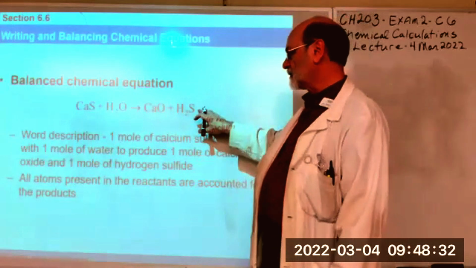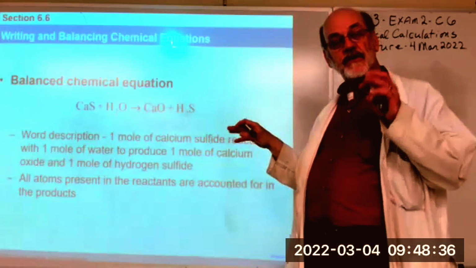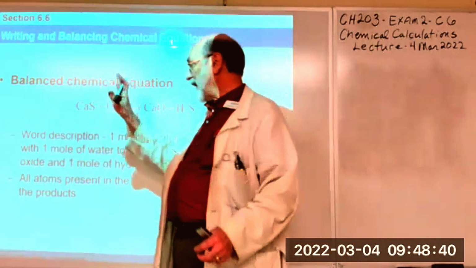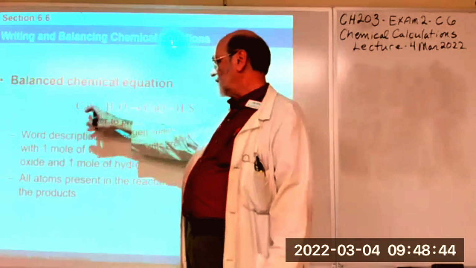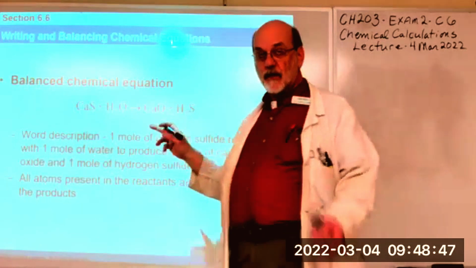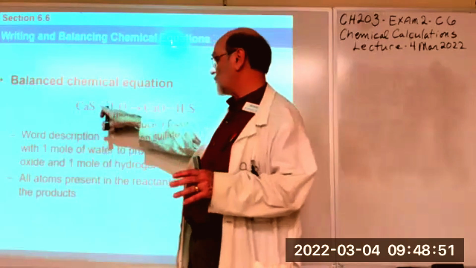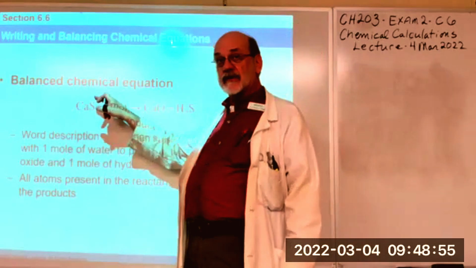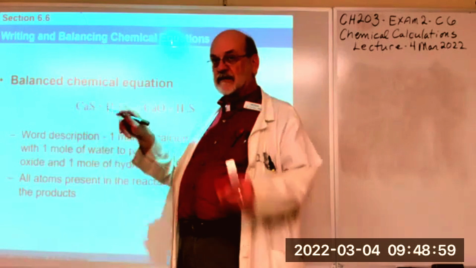H2S is a covalent compound. Once you've written them that way, then the only way that you can balance this equation, that is put them in order to have the same number of elements on either side, 1 sulfur, 1 sulfur, the only way that you can change it after that is with coefficients in front of each one. Right? Once you write the compound, then subscripts are forbidden.